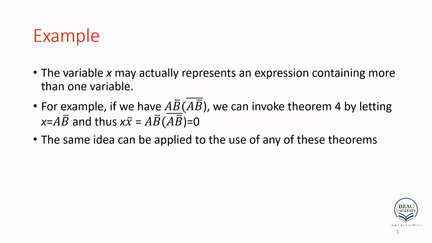So from theorem 4 we know x dot x bar equals 0. So this expression becomes 0: a b prime times (a b prime) whole prime equals 0. The same idea can be applied to the use of any of these theorems.